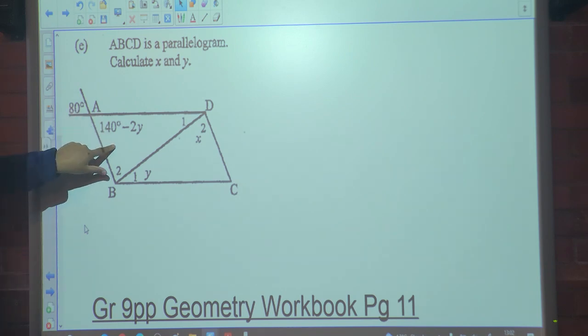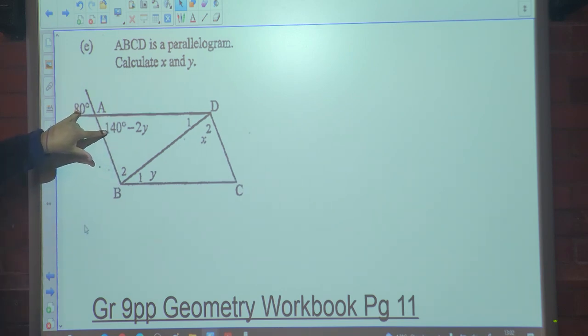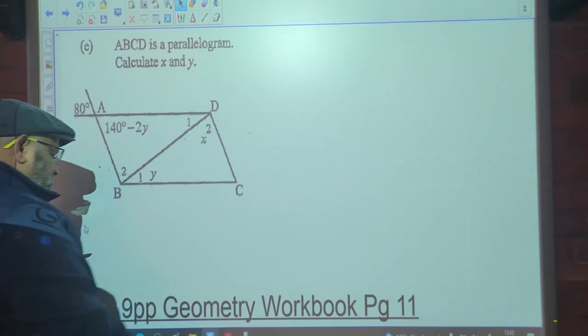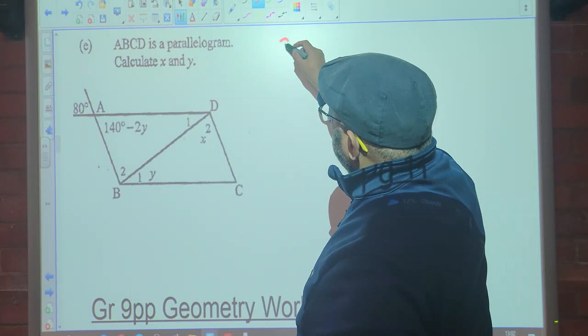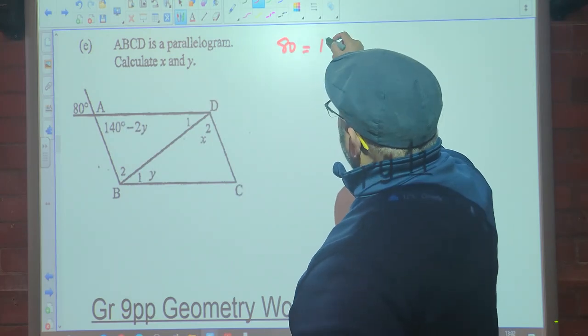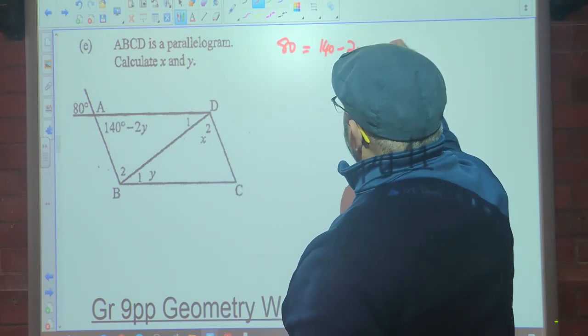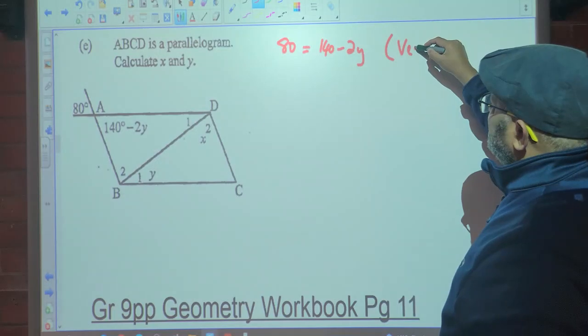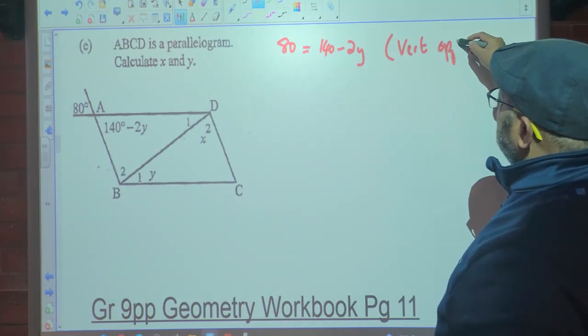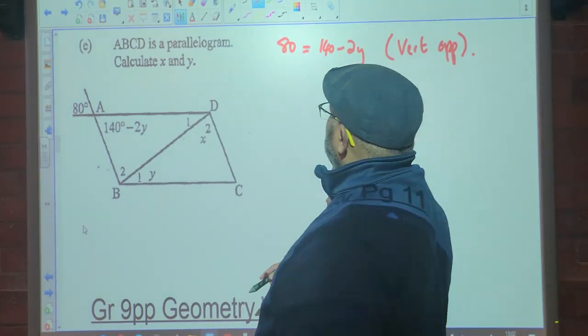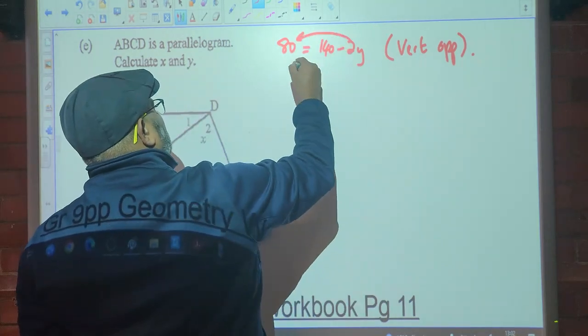But from the offset, we know we can calculate y. Not so? So we're going to firstly say that 80 is equal to 140 minus 2y. Reason? It's vertically opposite. So we can take that over.